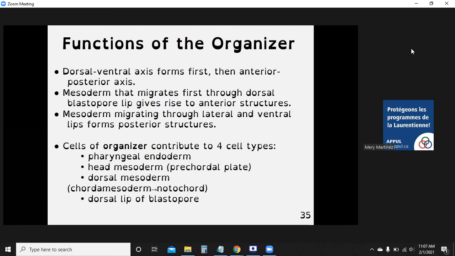And the 4th type of cells is the dorsal blastopore lip. So the first cells to involute, the pharyngeal endoderm and precordal plate, induce the forebrain and midbrain. The dorsal mesoderm induces the hindbrain and the trunk, and the dorsal blastopore lip forms dorsal mesoderm and eventually will induce the tip of the tail.